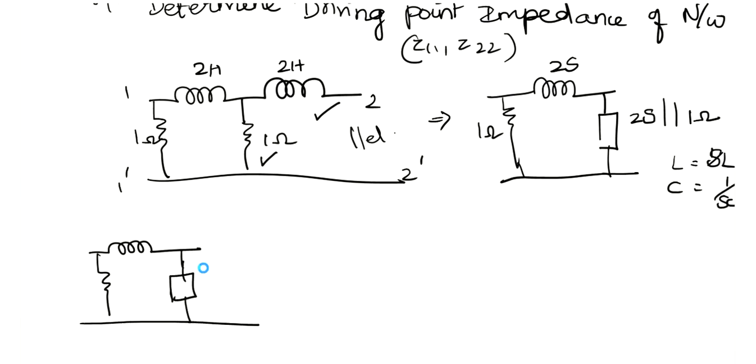What is the answer when 2s is parallel with 1? My numerator will be the multiplication, denominator will be the addition. 2s divided by 2s plus 1. And this value will be 1 ohm, and this value will be 2s. And now you just connect your plus minus V1, and here it is plus minus V2.